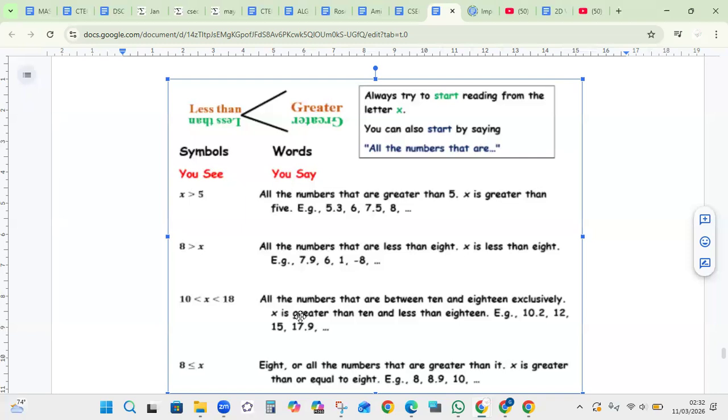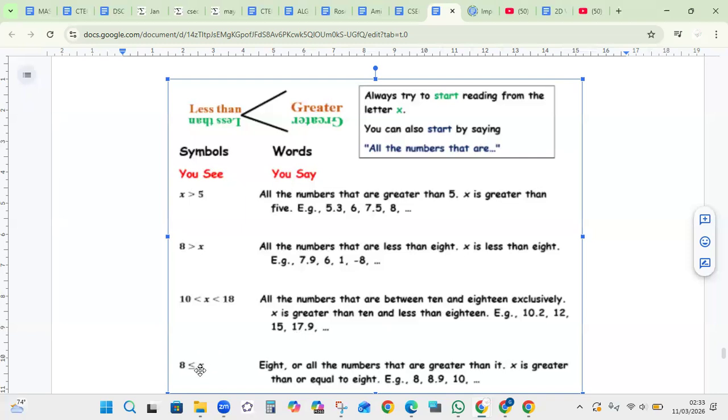X is greater than 10 and X is less than 18. So numbers like 12, 17.9, 17.999. 18 is not included.